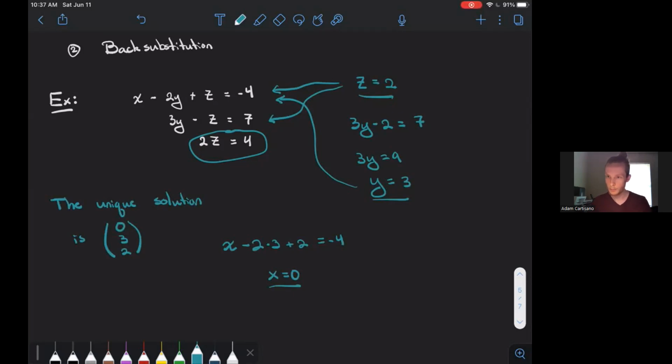Unique solution because at no point did we have any freedom. It's like z was fixed as a number. As a consequence, y had to be a fixed number, and as a consequence, x was fixed. We had no choices. Okay, good.